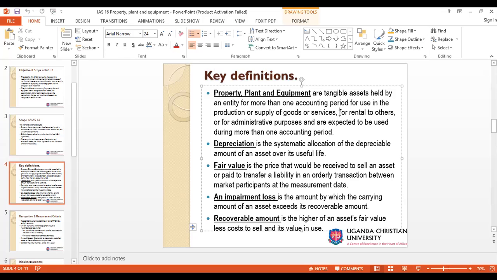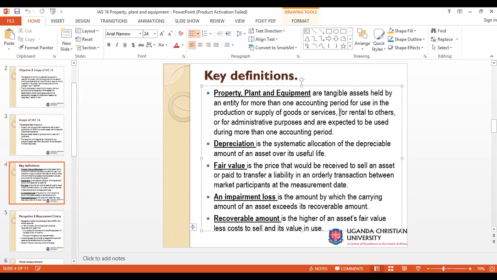So when you use someone's building for your own business, you report that very building in your balance sheet. But if you have a building and you are renting it out, you get rentals from the building, then it means you are using the building for investment.